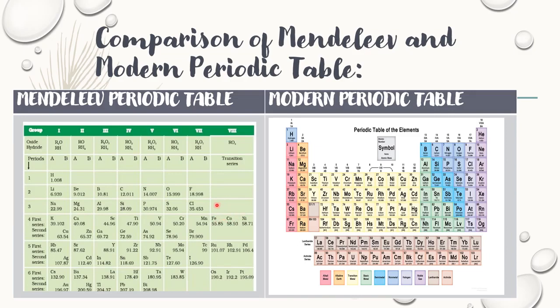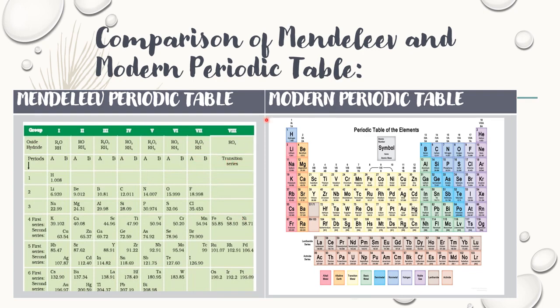Each subdivision in the Mendeleev periodic table is considered a separate group in the modern periodic table. Let us see that also. So there are 7 groups, 7 into 2 is equal to 14, and 3 series plus 3 is equal to 17 groups. Totally there are 17 groups in the Mendeleev periodic table.